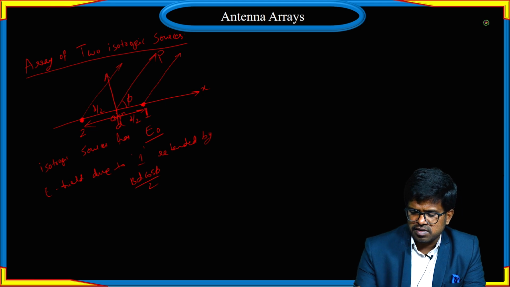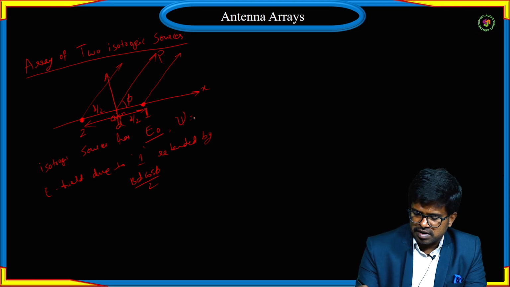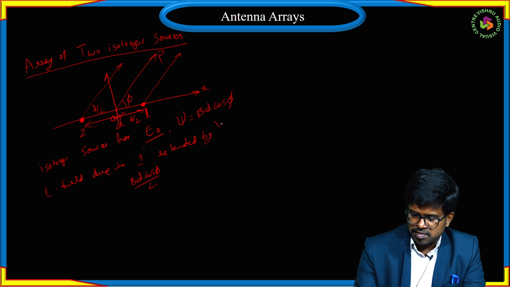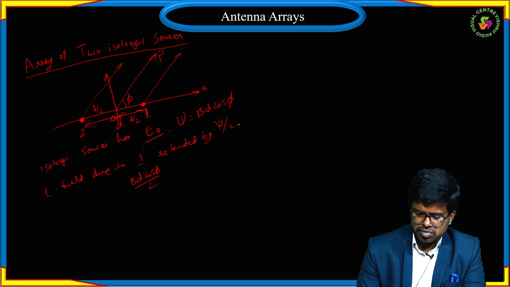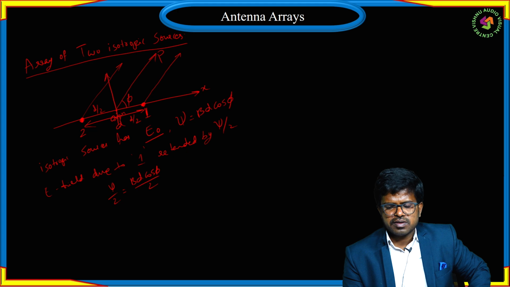There is one more parameter we consider, psi, equal to beta d cos phi. So it is retarded by psi by 2, where psi by 2 equals beta d cos phi by 2.